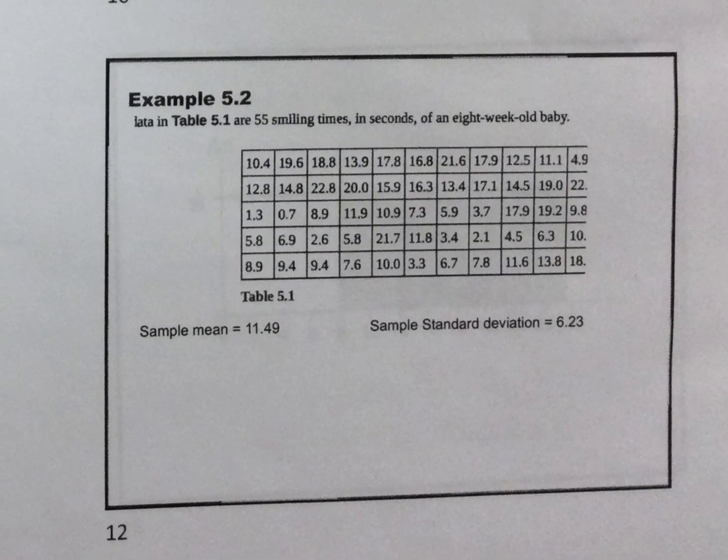So, data in the table are 55 smiling times of an 8-week-old baby. So, your paper doesn't have this. We're going to find that. So let x equal length of smile.